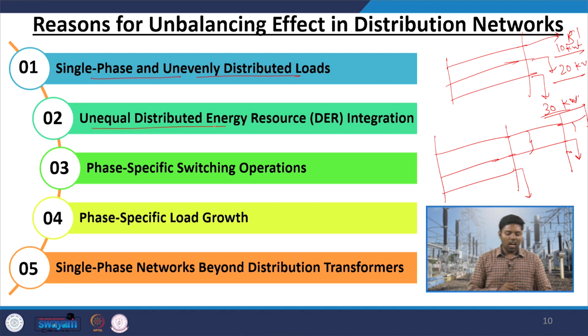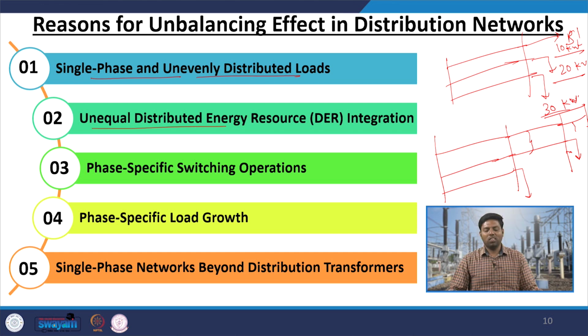Second reason is the unequal distributed energy resources integration, because we are integrating DERs, rooftop DERs, at the home level. That means we are connecting them at the single phase level. So, the amount of solar panels we are connecting is not equal at all the phases, because each home is not installing the same capacity of solar panel.